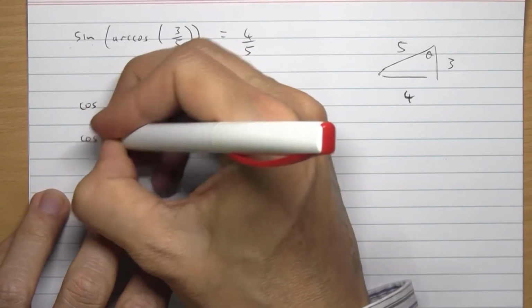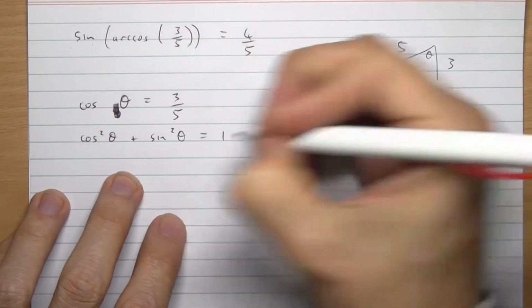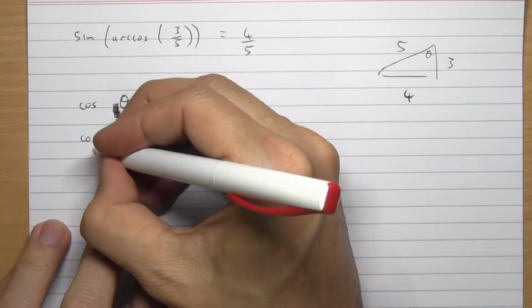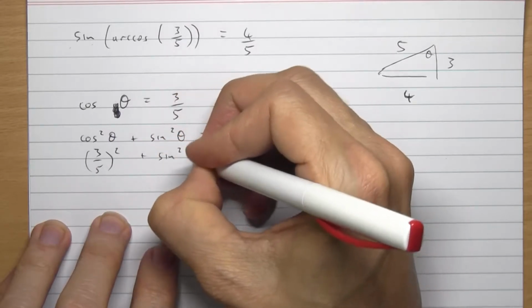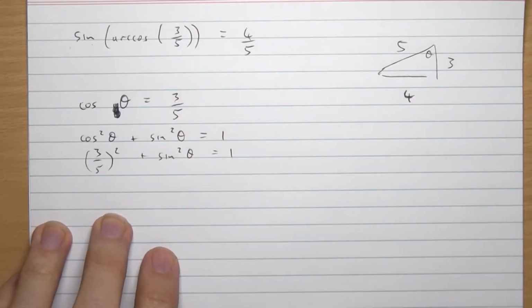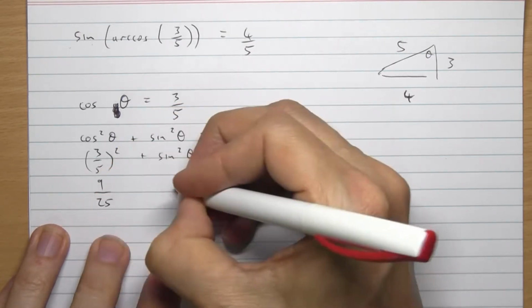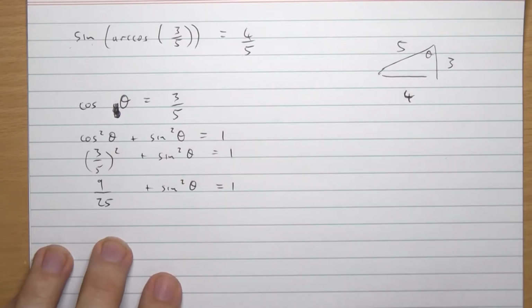Well, cos squared theta plus sine squared theta is 1. So put in what I know. 3 on 5 squared plus sine squared theta is 1. Which means 9 on 25 plus sine squared theta is 1.